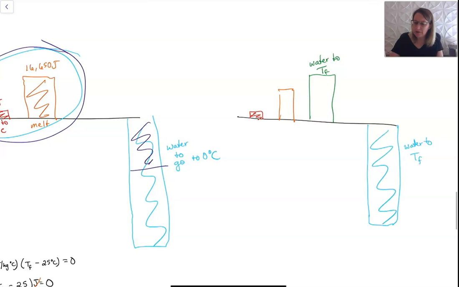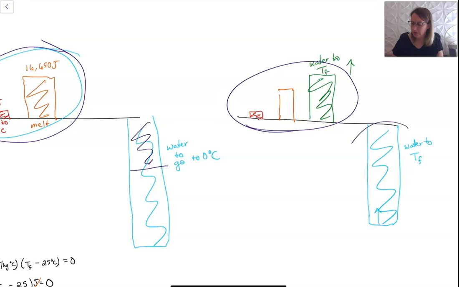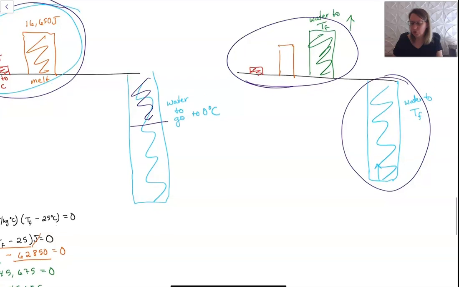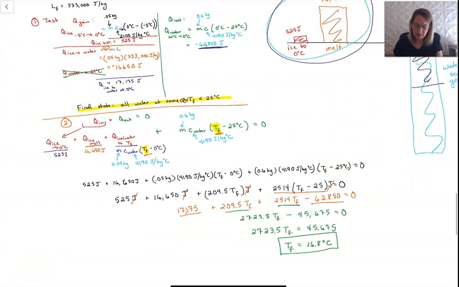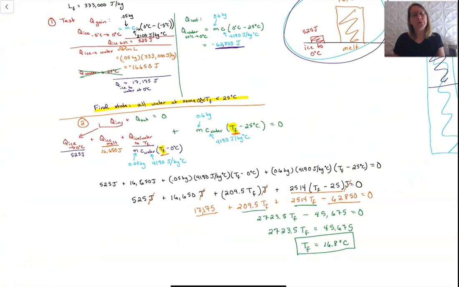Basically we adjust the height of this green bar, how much final temperature, as this goes up, then this goes down. And so what our equation is doing is matching those two so that we still get this equaling that once we get to our final. These two circled things are what became our equation of Q in plus Q out equal to 0 once again because we had that balance.